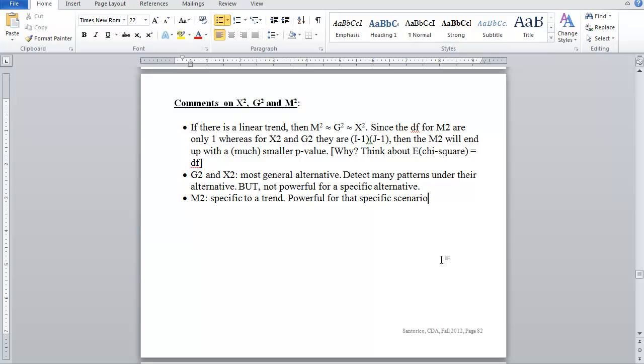It's a pretty common scenario. But it will miss other departures from independence. All right, so you kind of have to just recognize and think about what you're looking for. And if it all comes down to it, you might want to look at some plots.